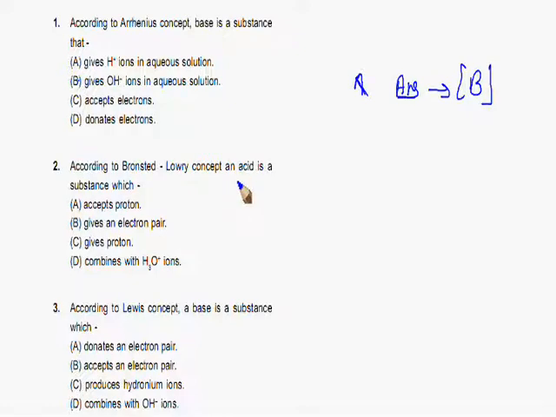In the second question, according to Bronsted-Lowry concept, an acid is a substance which: option A, accepts protons; option B, gives an electron pair; C, gives protons; D, combines with H3O+, that is hydronium ions. We know that according to Bronsted-Lowry theory, an acid is a substance which can donate H+ or protons.